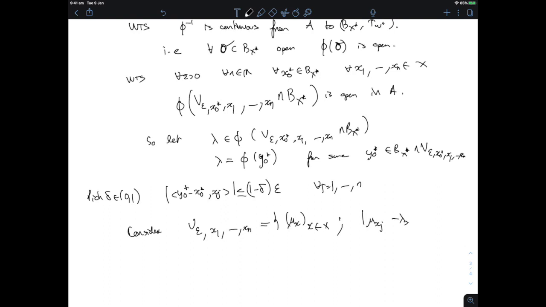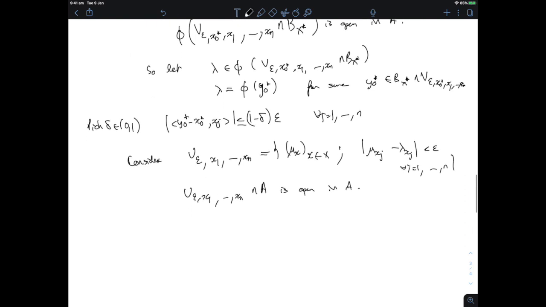So mu xj minus lambda xj is smaller than epsilon for all j equal 1 to n. Right, now this, if I intersect that with A, is open in A, and I want to show that this entire open neighborhood of lambda actually lies in phi of this open set in B x star.